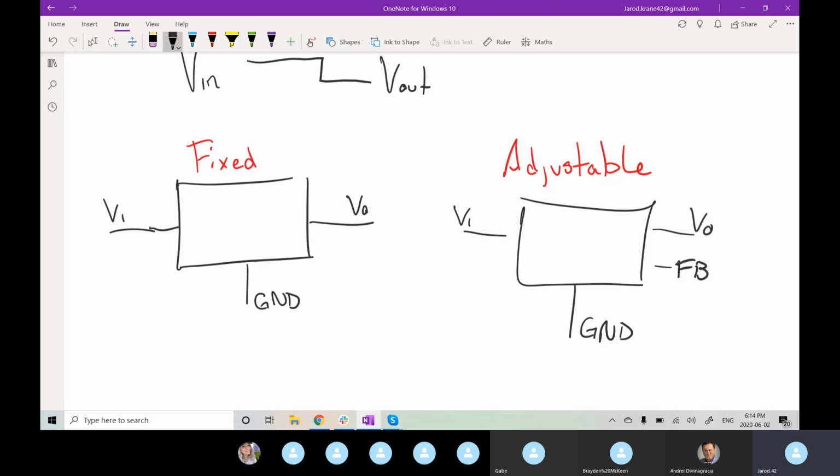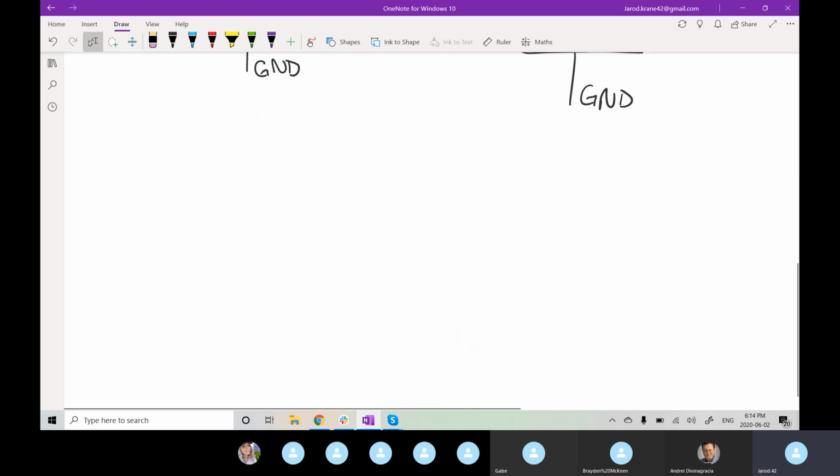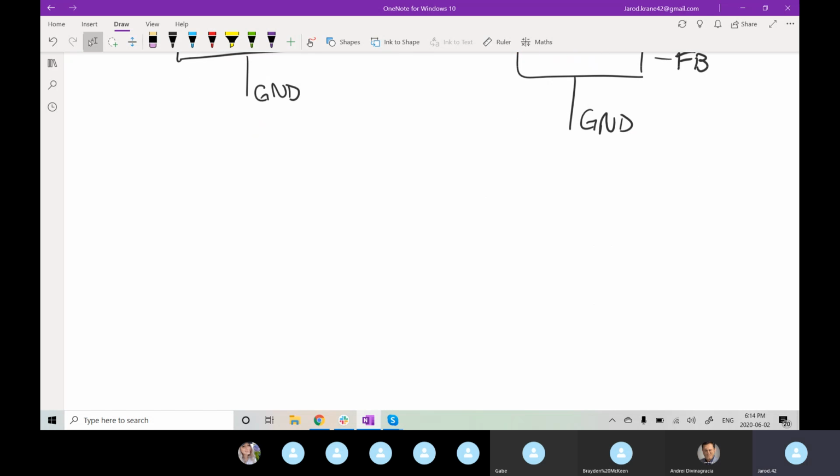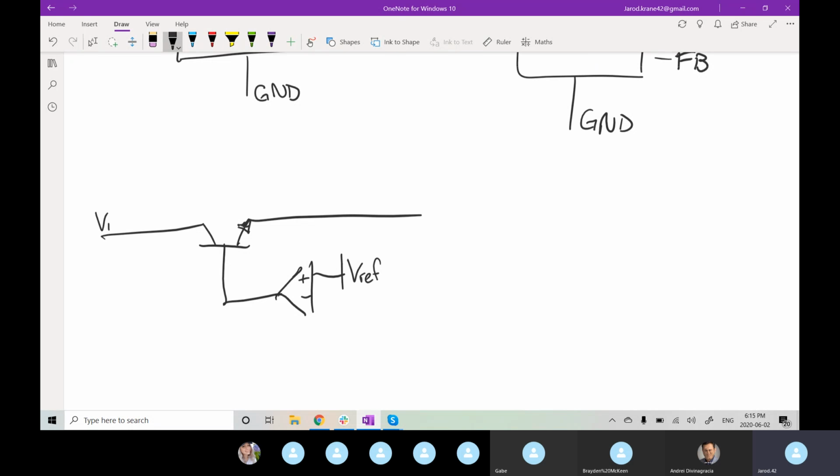So if we jump inside to what these devices actually look like, what we get is your V in, typically an NPN transistor, and your V out.